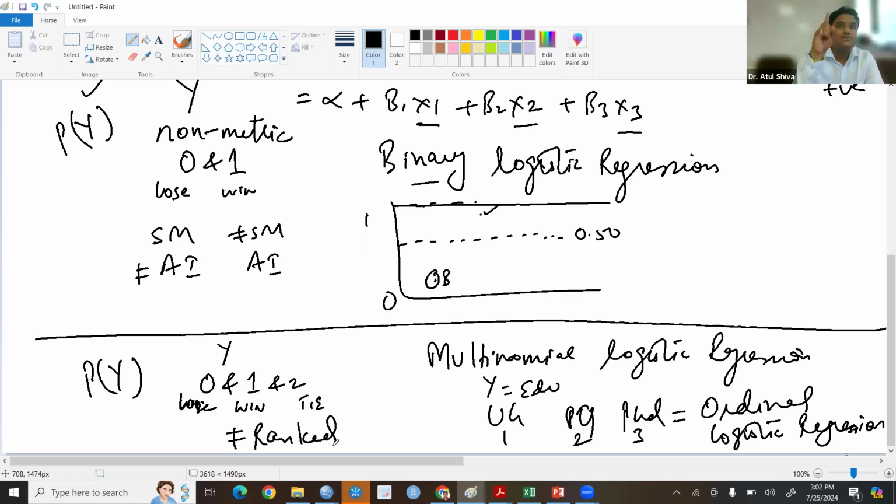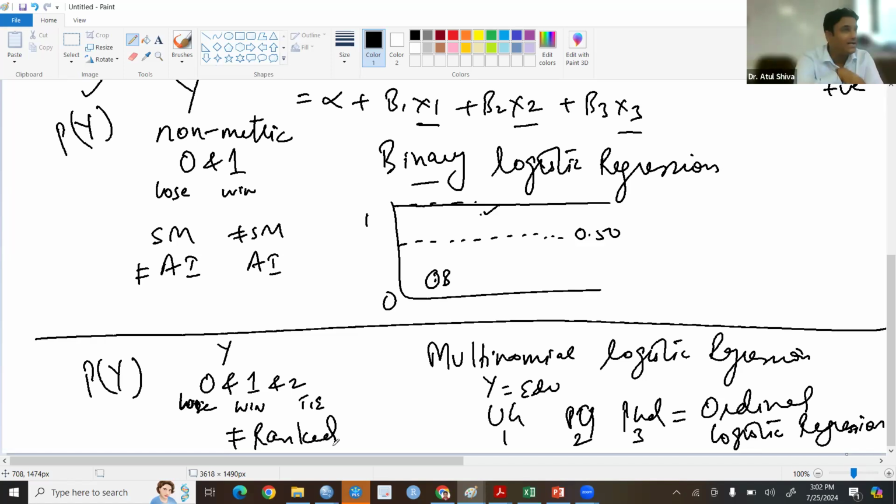But if DV is one and categories are more than two, then multinomial logistic regression. But the third condition is the categories cannot be ranked. Categories are independent of each other.